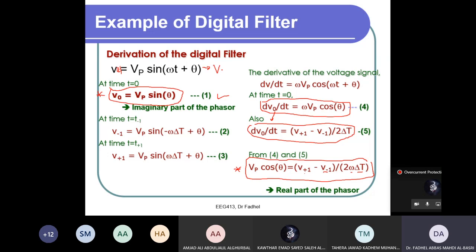This is V equal to VB angle theta in phasor representation. This is a vector, and so this is like VB cosine theta plus j VB sine theta.